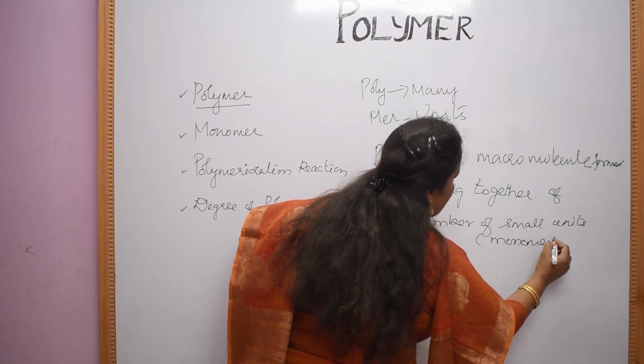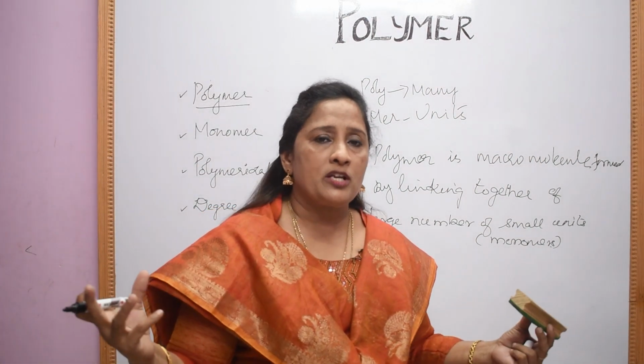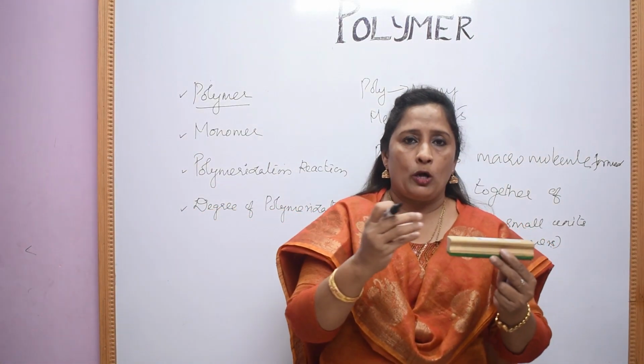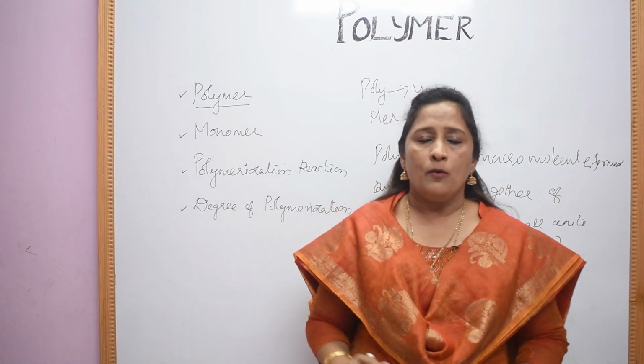So how is a polymer formed? Polymer is formed by linking together a large number of small units. The small units are just linked together to form a large molecule of a polymer.